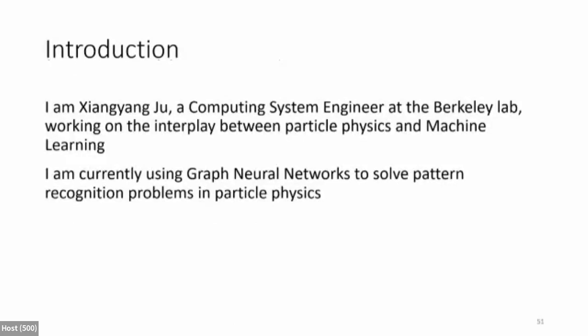A short introduction of myself: I'm a computer systems engineer at Berkeley Lab, and I work on the interplay between particle physics and machine learning. Currently, my research is using graph neural networks to solve some pattern recognition problems in particle physics. And that's our third example in the hands-on tutorial.